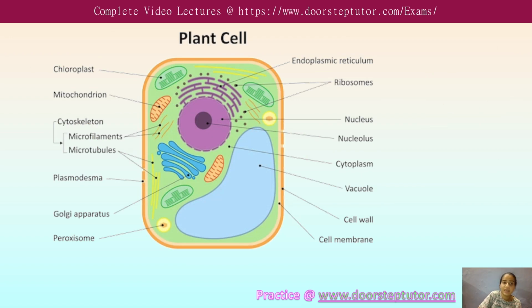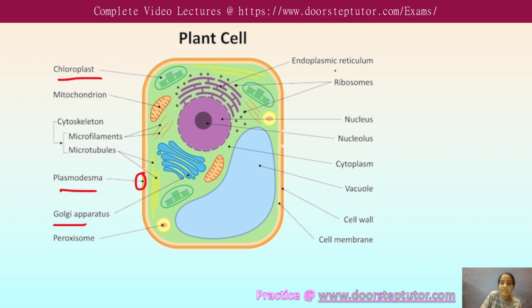In the case of a plant cell, Golgi body is present, and plasmodesmata are present. Plasmodesmata are basically pores, or structures which act as channels for the transfer of cytoplasm from one cell to another cell. Another, we have chloroplast present in plant cells, which is not found in animal cells.